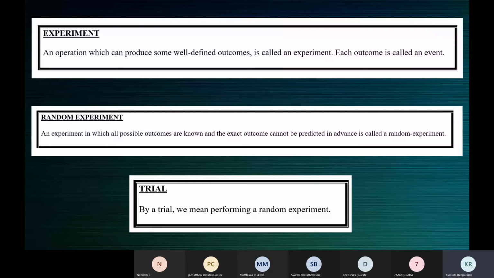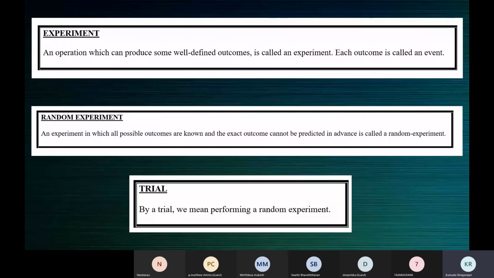A random experiment is one in which you know all the outcomes. For example, when you have a pack of playing cards, you know there are 52 cards and you're going to pick one of them. You know the possible outcomes, but which card you will get in your hand, you cannot say in advance.